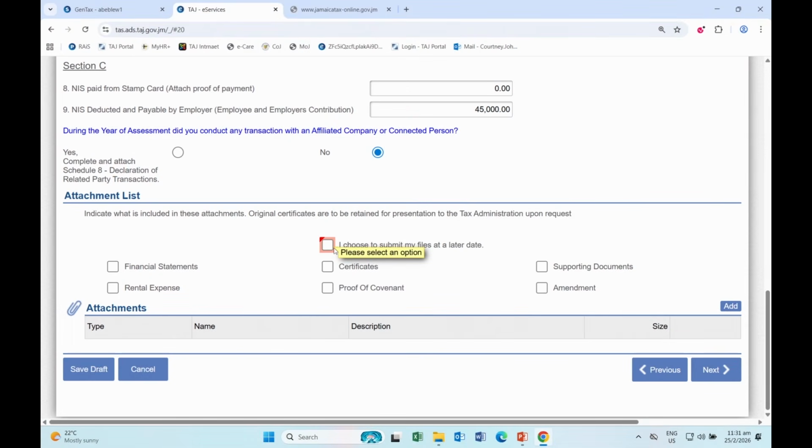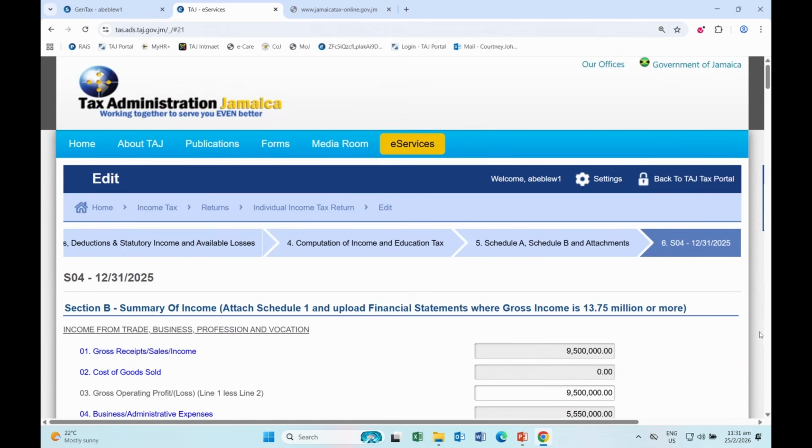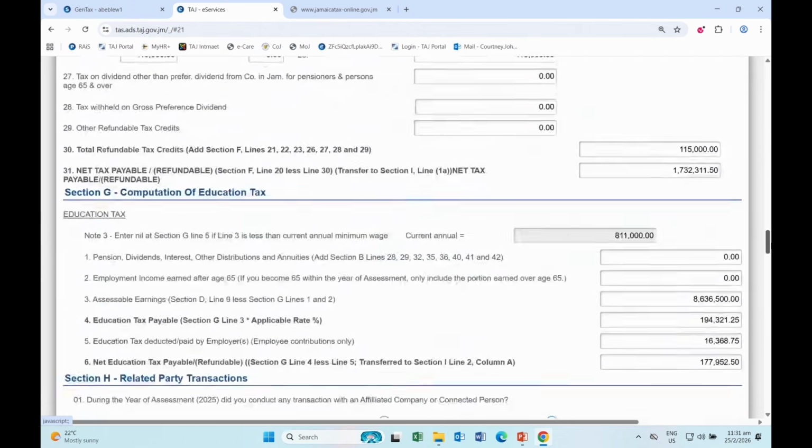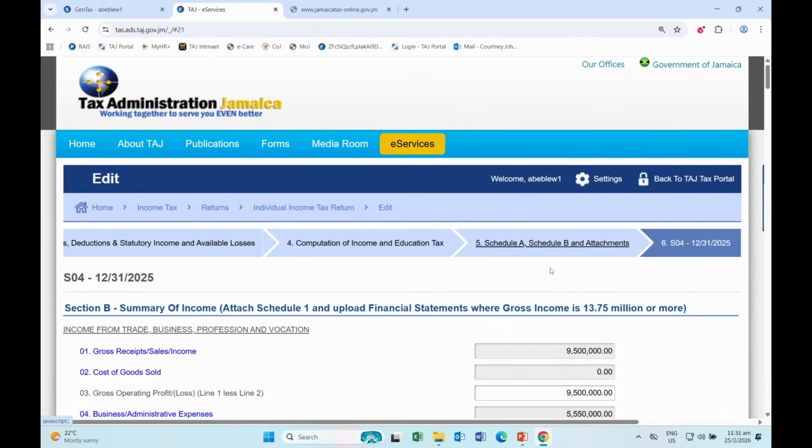All right, now we're going to be moving from here. We're not attaching, but you will be required to attach when you get to this page. So when we go to next, what this page does is summarize everything that we just did. So let's do a snap of it.